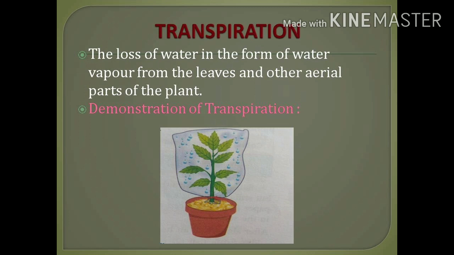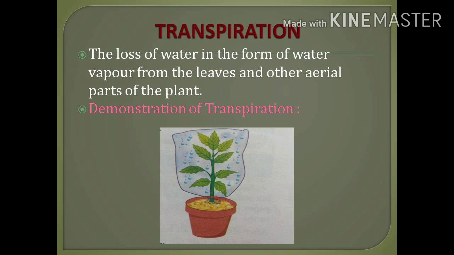Here you take a well watered potted plant and tie the polythene bag to the plant, and you can tie one more polythene bag to the pot also, to avoid the evaporation of water from the soil, and keep that potted plant in the sunlight for an hour or two.